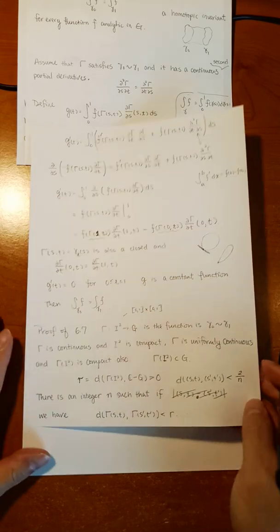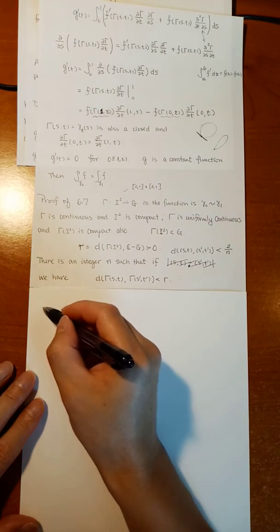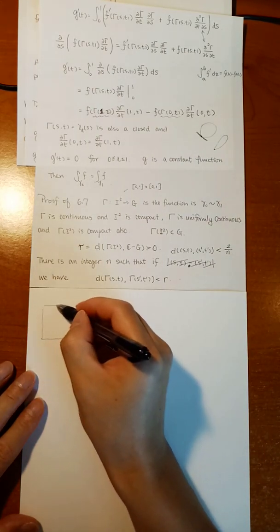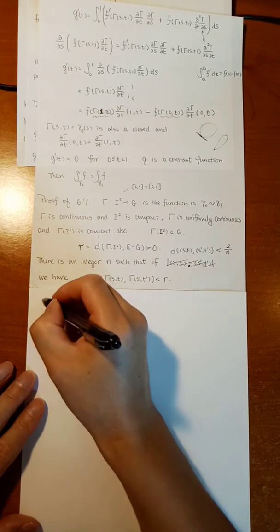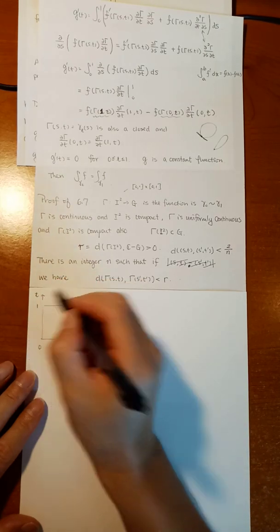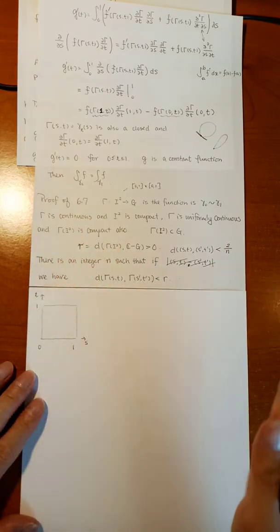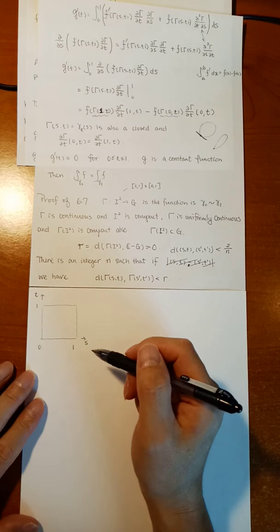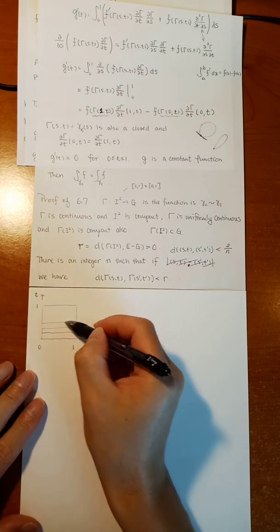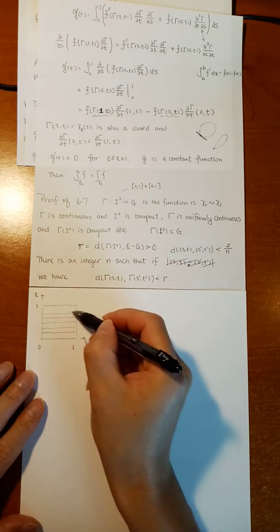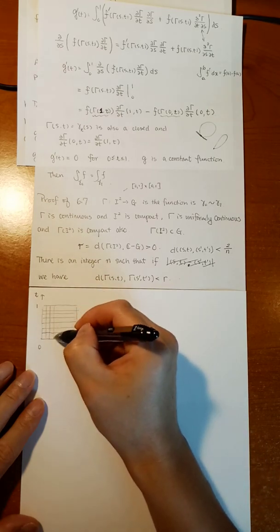All right. So now let's see the detailed way to do that. 0, 1. This is the S direction. This is the T direction, 0, 1. So S is the variable of the curve. T is a slice. All right. We're going to cut the square into small squares.